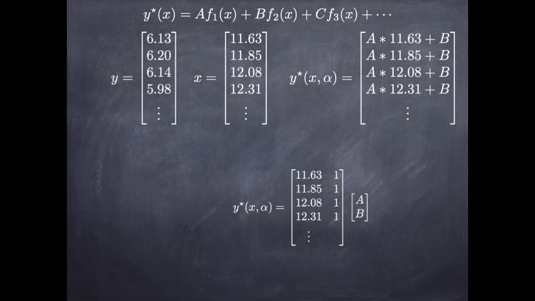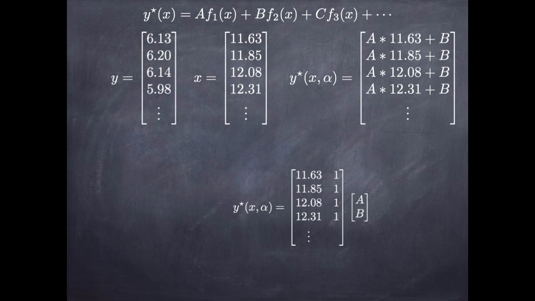The b dimensions go away. And so in this case, it's an m by 2 multiplied by a 2 by 1, you end up with an m by 1, which is what we want.